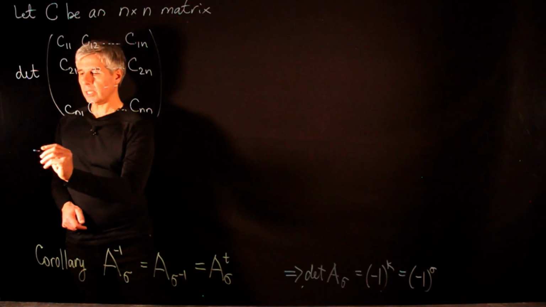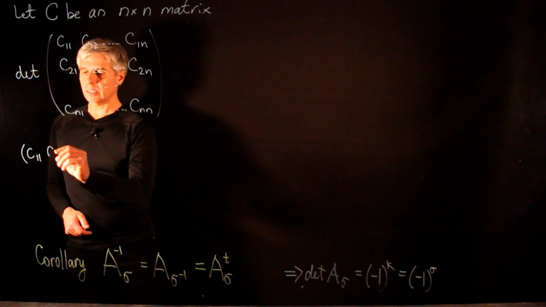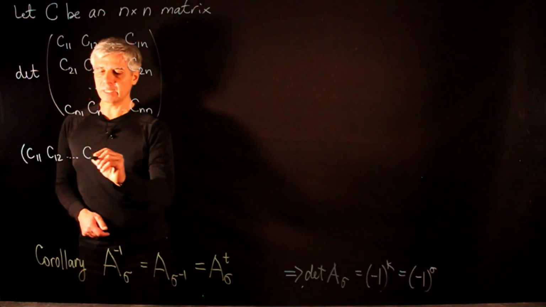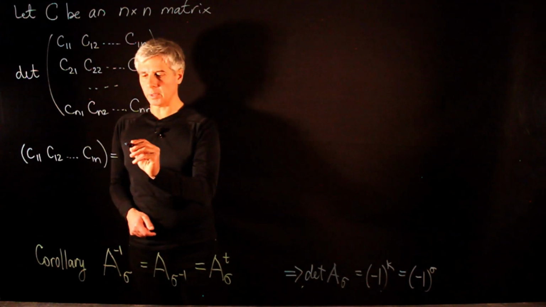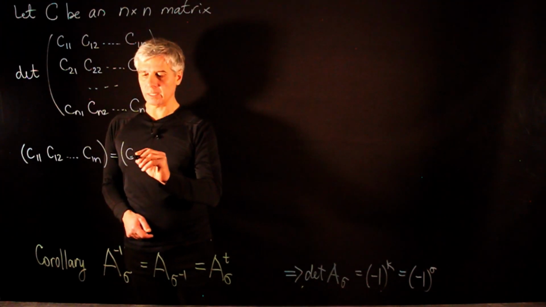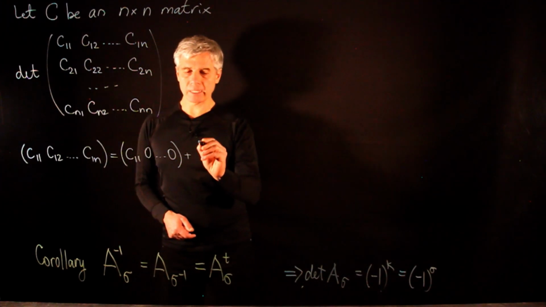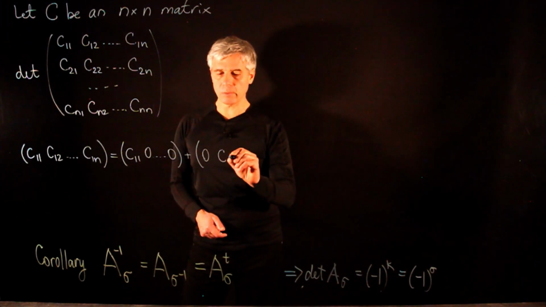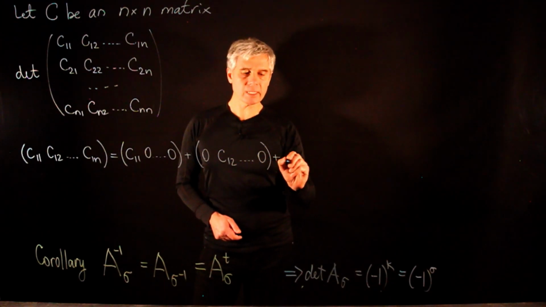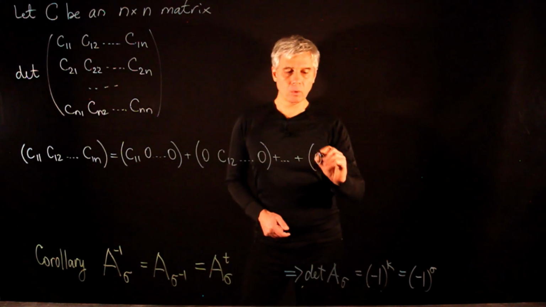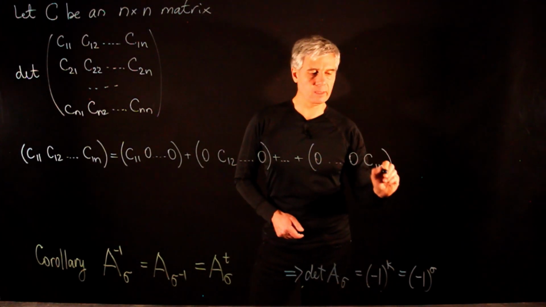What we're going to do is take row 1, C11, C12, C1n, and write this row in the following form: C11 and then all zeros, plus 0 C12 and then all zeros, plus all zeros and C1n at the end.